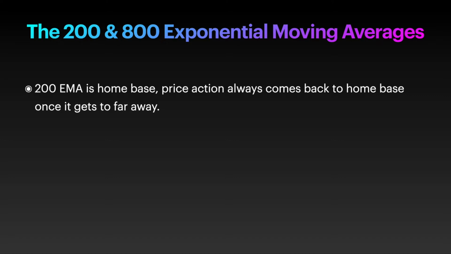Just put a 200 EMA on a chart and look at every time that it gets too far away or separated. When price action gets separated from the 200 EMA, it always tends to go back home to the 200 EMA. All right, so that's the first thing. So 200 is home base.